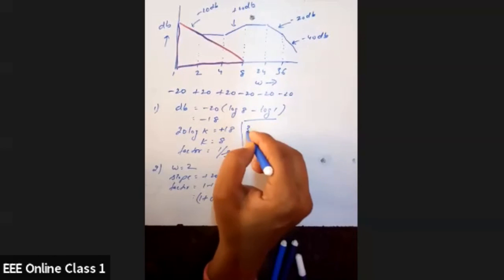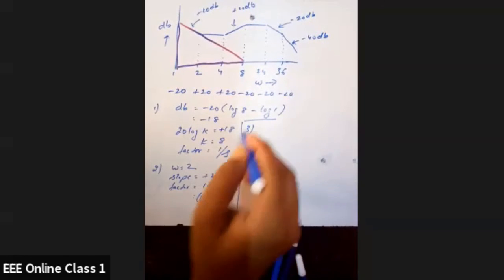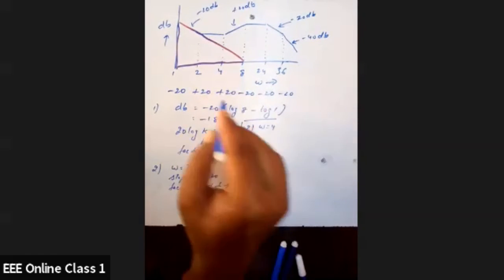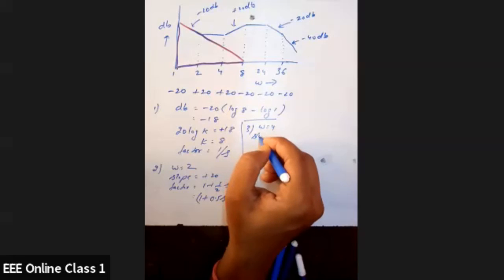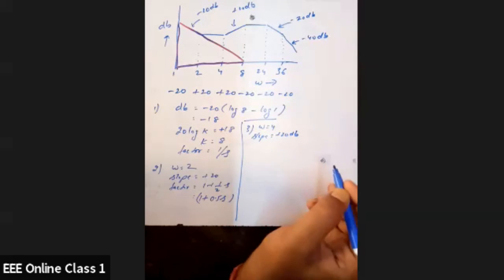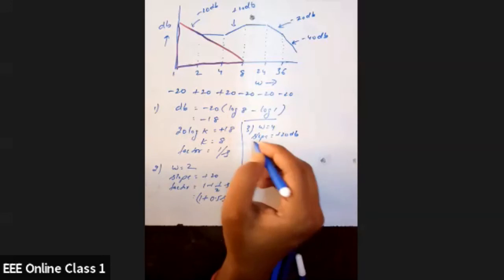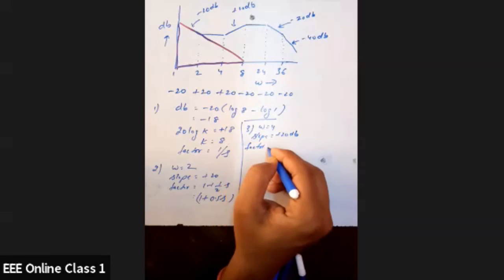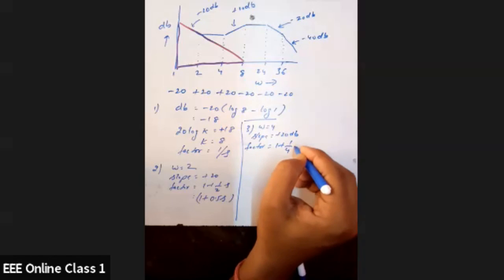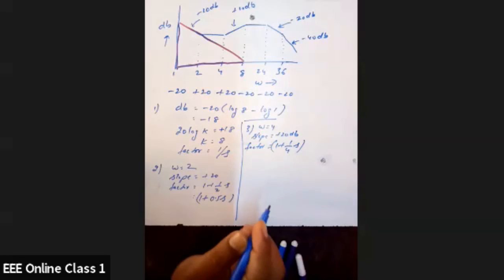Let us calculate third factor. Omega is 4, and slope is plus 20 dB. So factor is 1 plus 1 by 4 s.